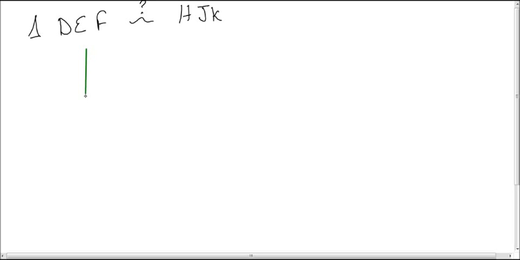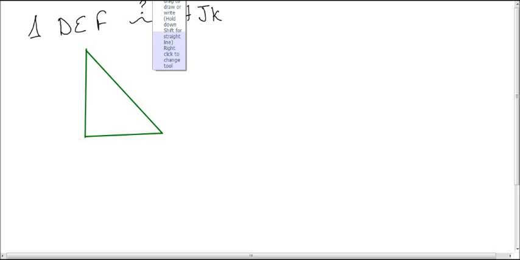So let's say we have three line segments, and we call these particular line segments D, E, and F. We want to also say that line segment DE, we'll just call it 4.